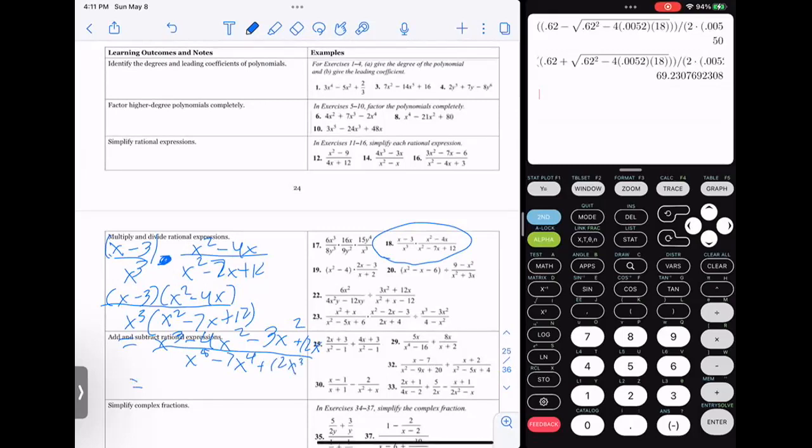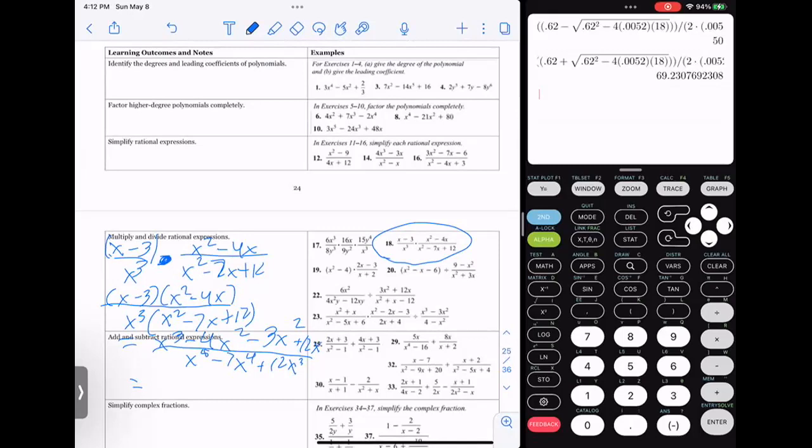And we're almost done. We need to multiply and divide rational expressions. Notice that negative 4x squared and negative 3x squared in the numerator are like terms, so you can combine them to make negative 7x squared.